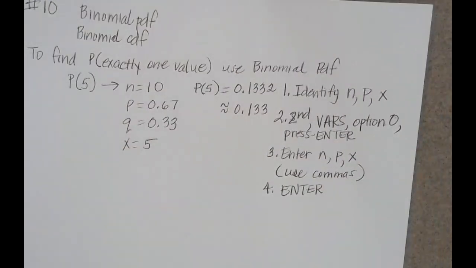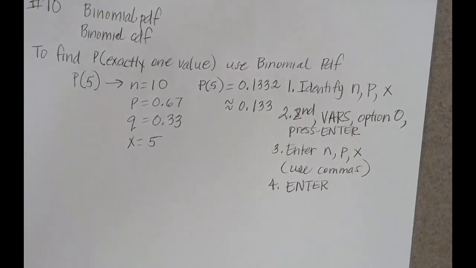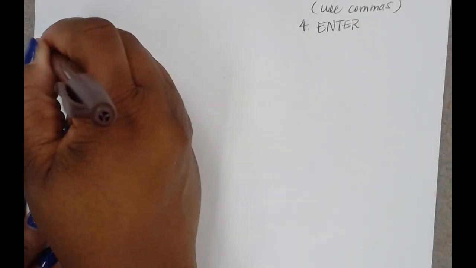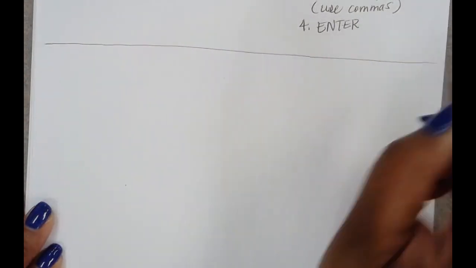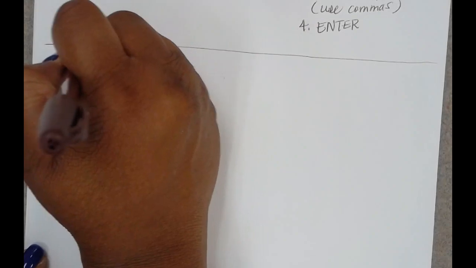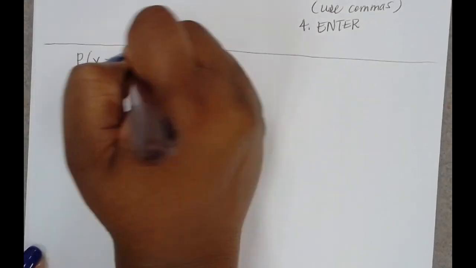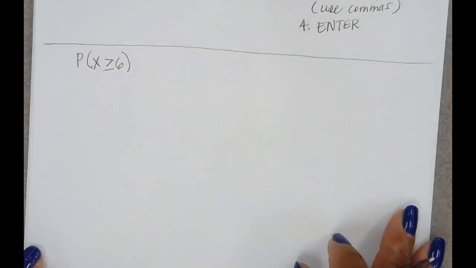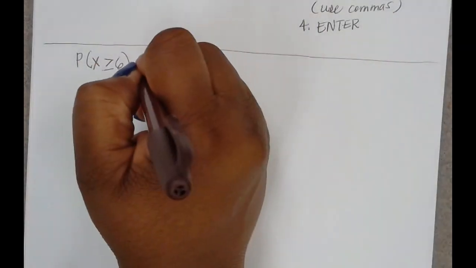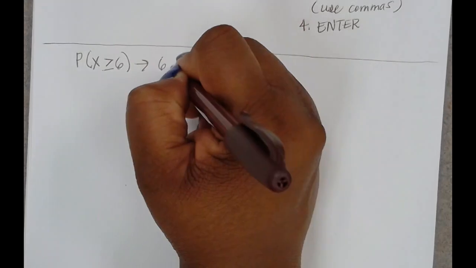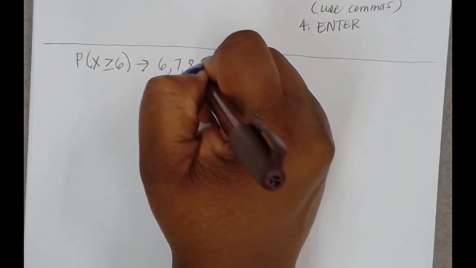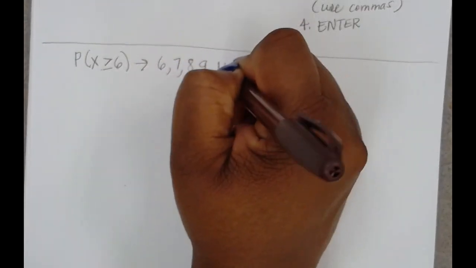So we need the probability of X is greater than or equal to 6. That is 6, 7, 8, 9, and 10.